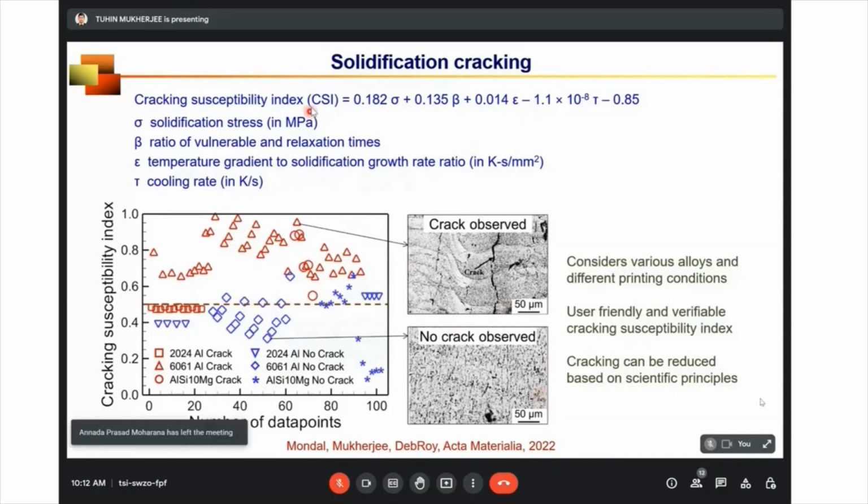So even if you do not do the experiment, you have a user-friendly, verifiable crack susceptibility index to figure out whether for your alloy, for your condition, crack will form or not.